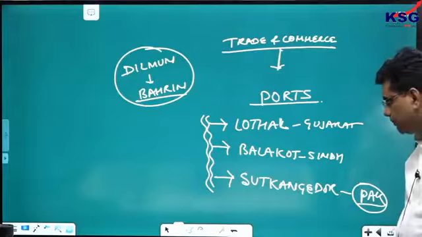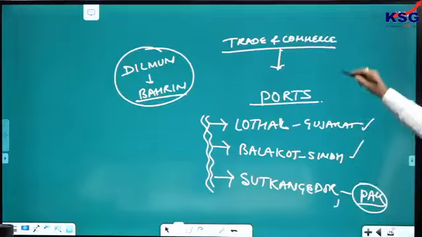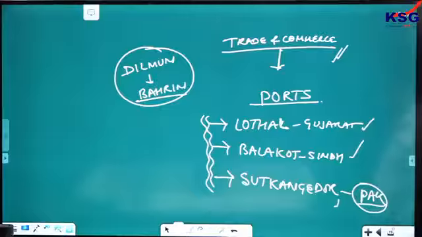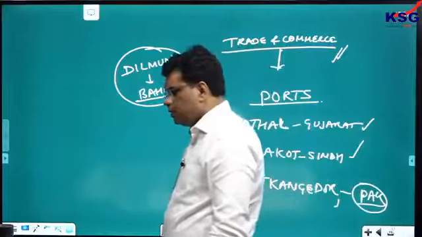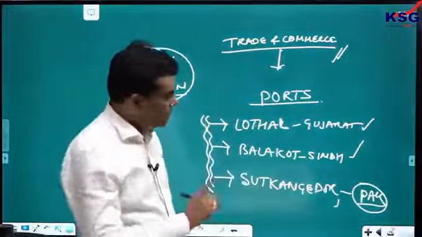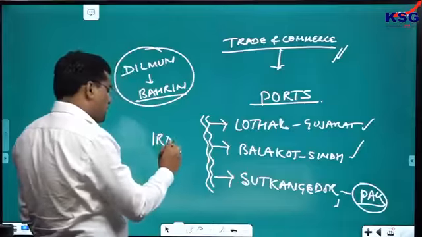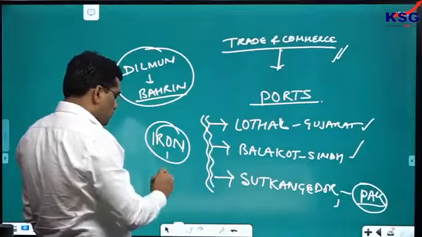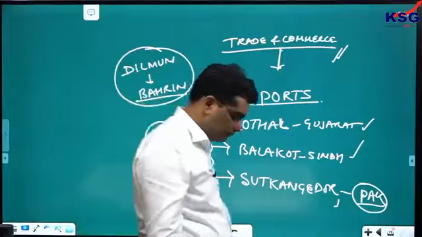So these are the important ports: Lothal in Gujarat, Balakot. They knew almost all the metals except iron. Iron was not known to them. Definitely not. Iron will come very late.